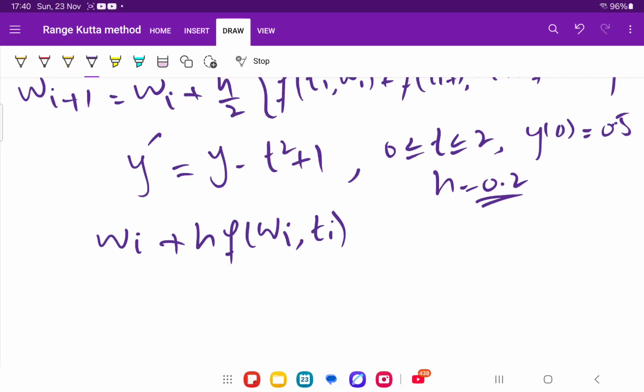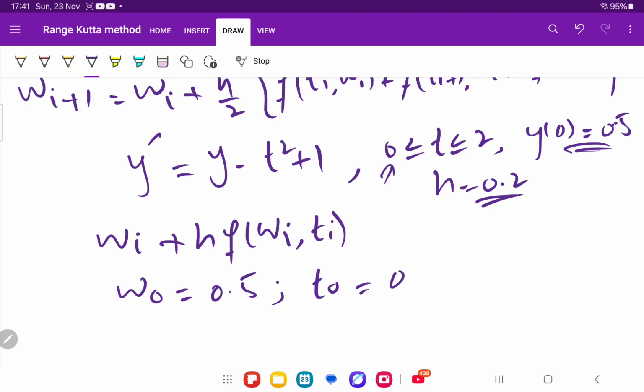First of all, we'll be requiring w naught, which we calculate from the initial value. The value of y at the initial value is called w naught, so 0.5. And from the same initial value, we are also able to calculate t naught, which is 0, and it can also be seen from the interval as well.